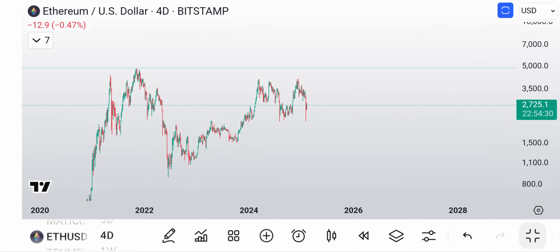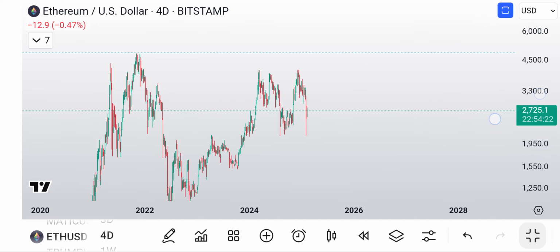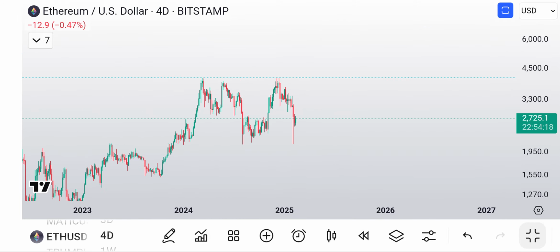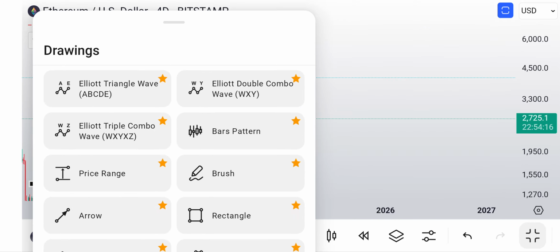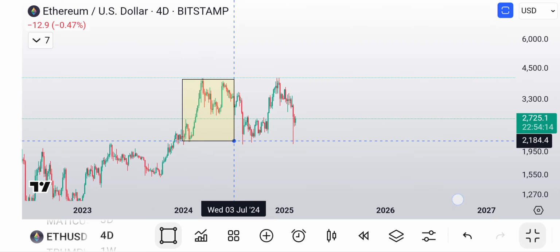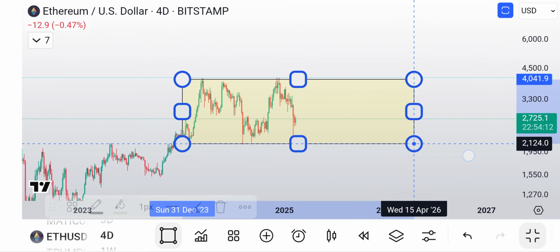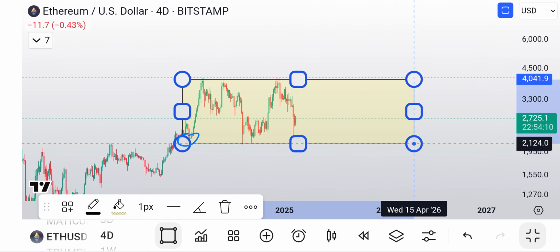So what I want to see from Ethereum is the lows hold, because if you look at it, we are inside of this base here, and we did test it 1, 2, 3, 1, 2, 3, right? So it's a solid structure.